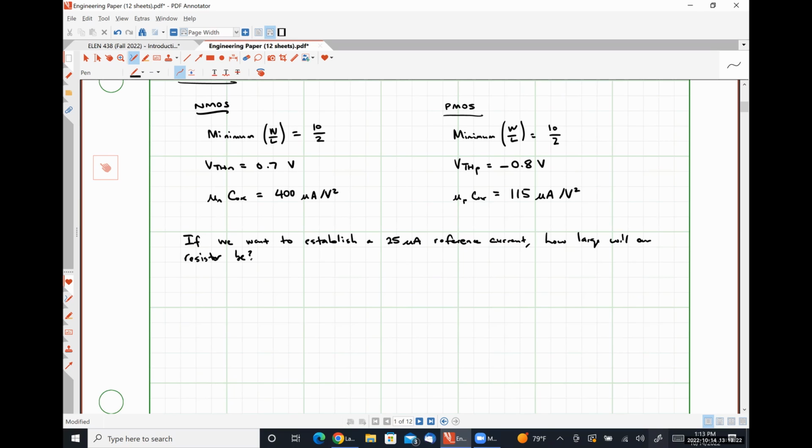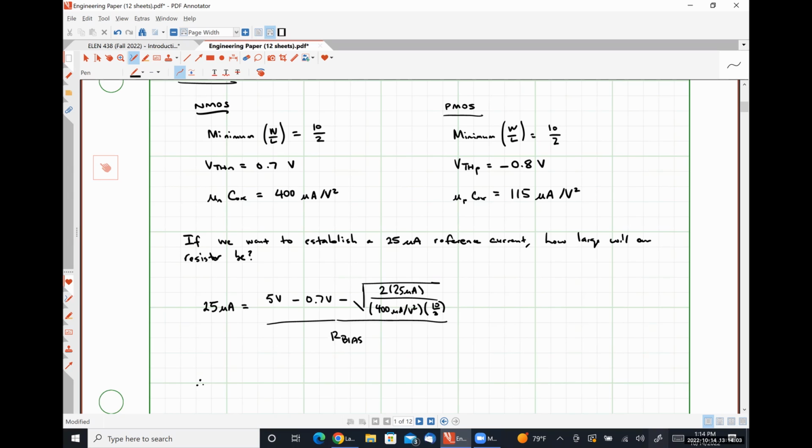So if we use the equation that we developed, we would have 25 microamps is equal to 5 volts minus 0.7 volts minus the square root of 2 times 25 microamps divided by 100 microamps per volt squared times 10 over 2, this whole thing divided by R bias.